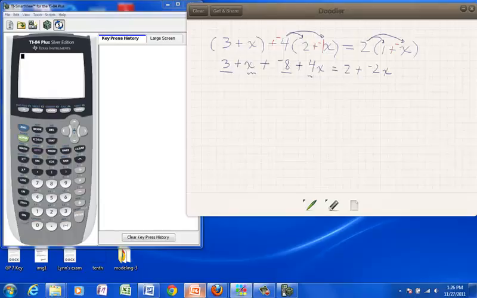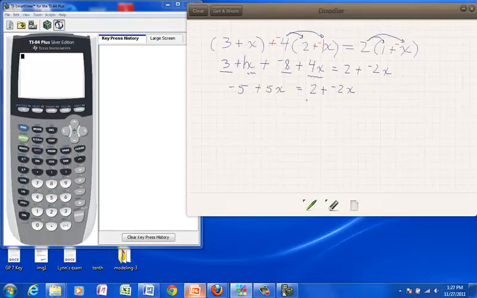X and 4x are like terms. So 3 plus -8 is a -5. X plus 4x is 5x. Again, remember there's always a 1 here even when we don't write it. This side is simplified. Those are not like terms, so we can't add them together.